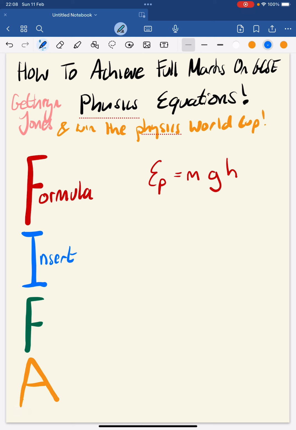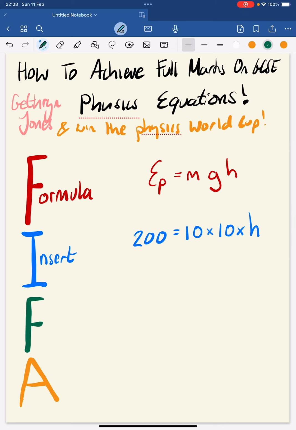So let's say it tells us that the potential energy was 200 joules and a mass of an object was 10 kilograms, and we want to work out the height the object was at. It tells us as well that we want to use 10 newtons per kilogram as our gravitational field strength rather than 9.8. So all we've done here is inserted our values.